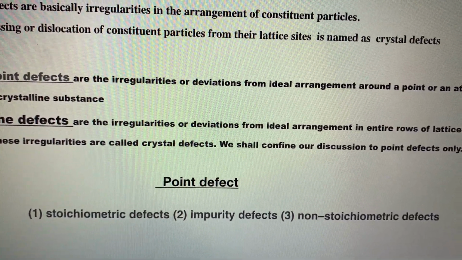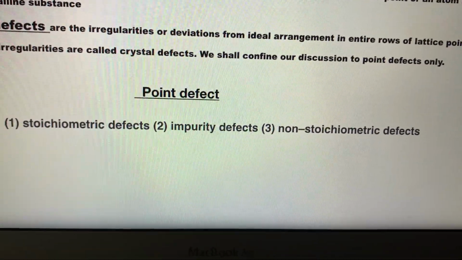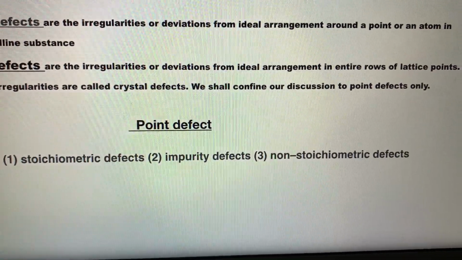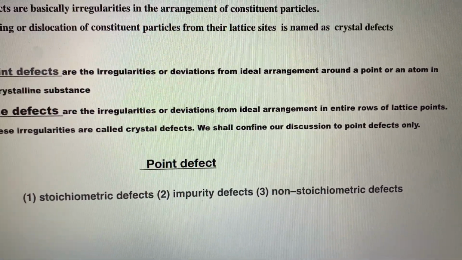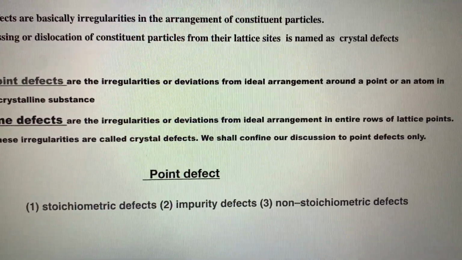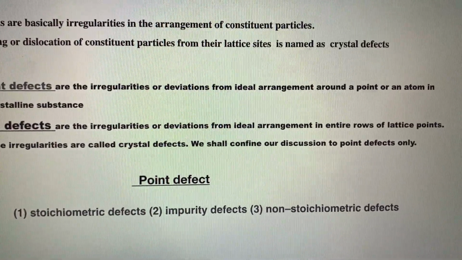You will notice here point defects are also going to be of three types: stoichiometric defect, impurity defect, and non-stoichiometric defect. In stoichiometric defect, the ratio between the different elements which make the crystal will not differ even after the defect. Impurity defect is what?